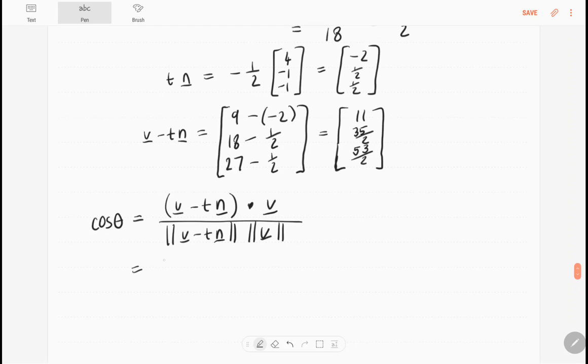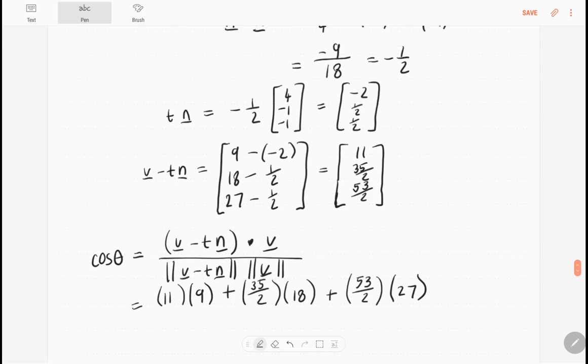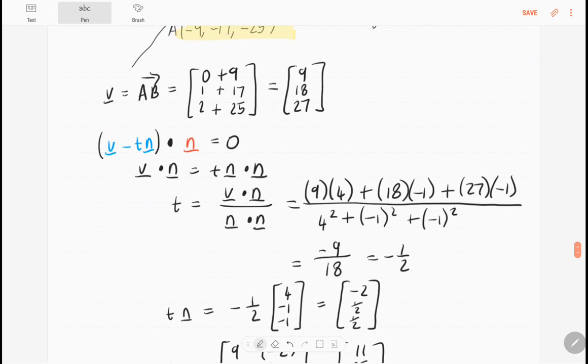So this is going to be 11 multiplied by 9, plus 35 over 2 multiplied by 18, plus 53 over 2 multiplied by 27. Right?